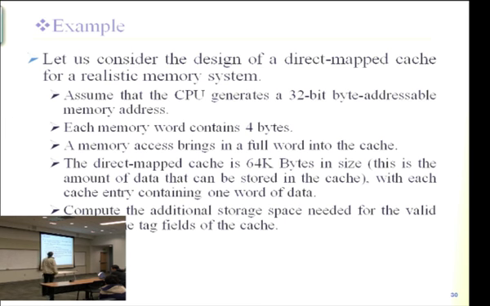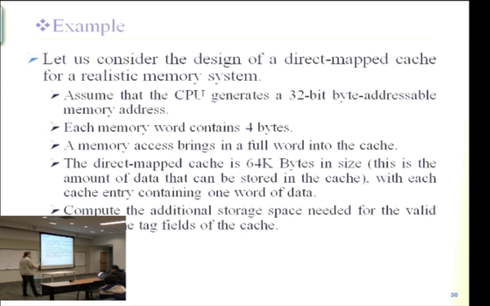Assume the CPU generates 32-bit byte addressable memory addresses. Each memory word contains 4 bytes. A memory access brings in a full word to the cache. As I said, it brings the full word, but we still want bytes. The direct map cache is 64 bytes in size. Compute the additional storage space needed for the valid bit and the tag field of the cache.